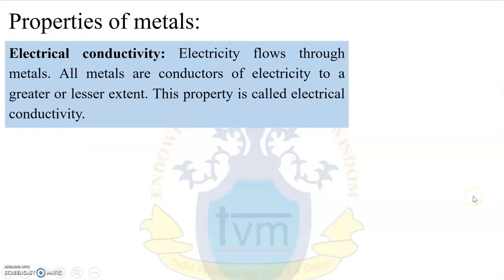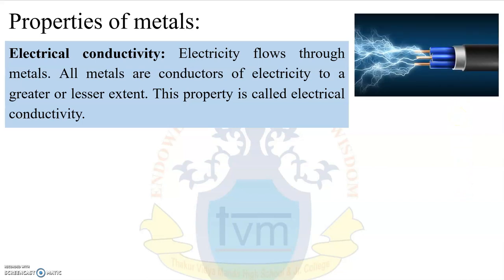Next is electrical conductivity. Electricity flows through metals. All metals are conductors of electricity to a greater or lesser extent. This property is called electrical conductivity. The picture shows a copper wire.